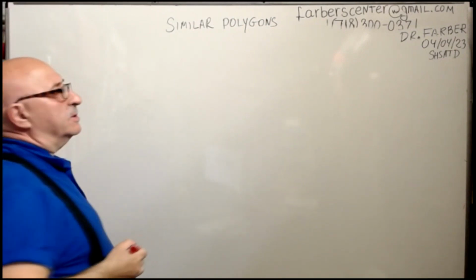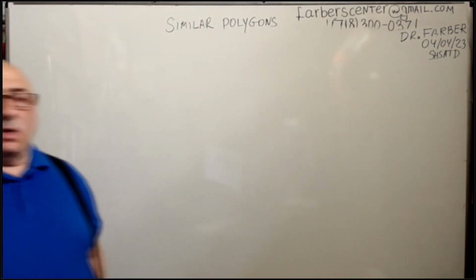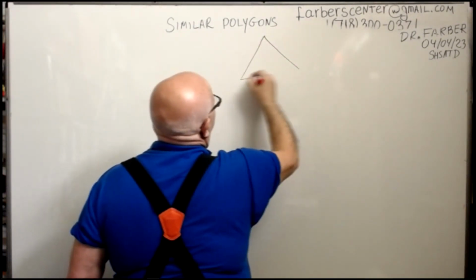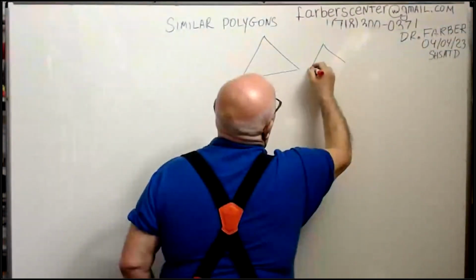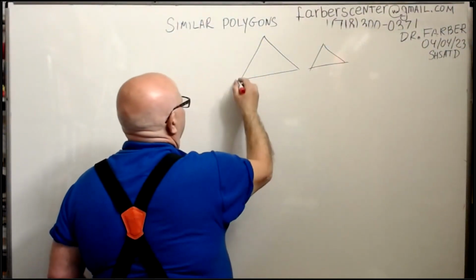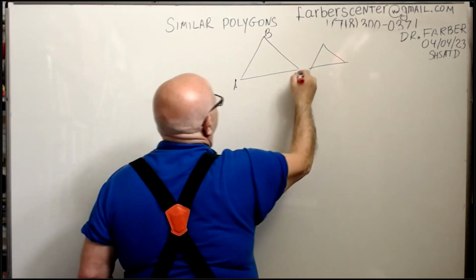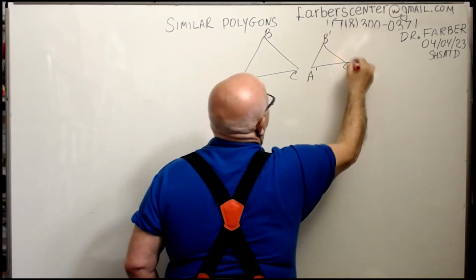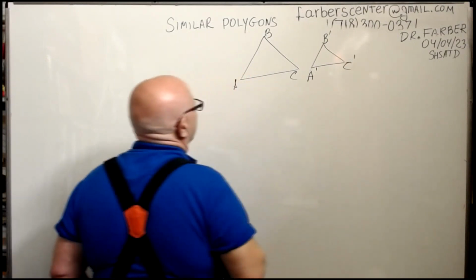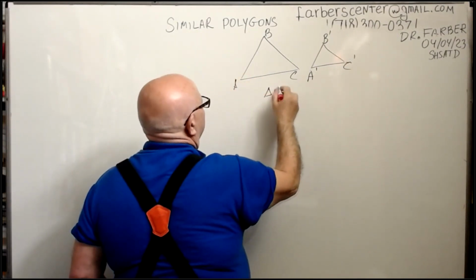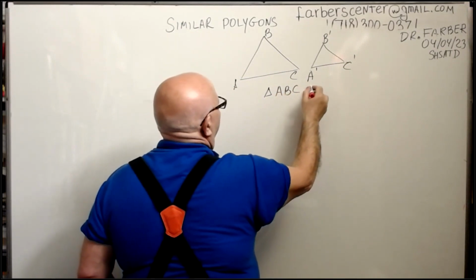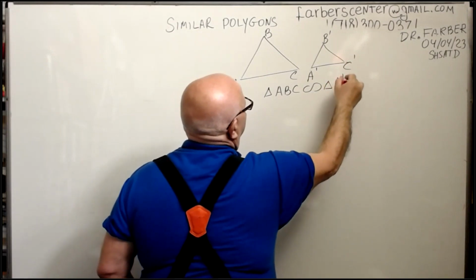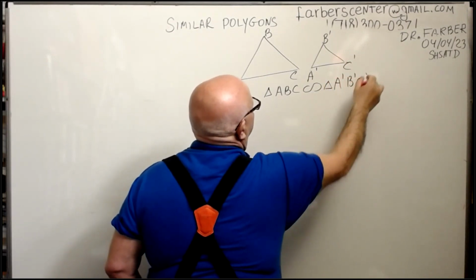In similar polygons, let's say you have two triangles, they're similar. This is ABC, this is A prime, B prime, and C prime. You can use any letters. And we say that triangle ABC is similar, we name similarity sign, to triangle A prime, B prime, C prime.